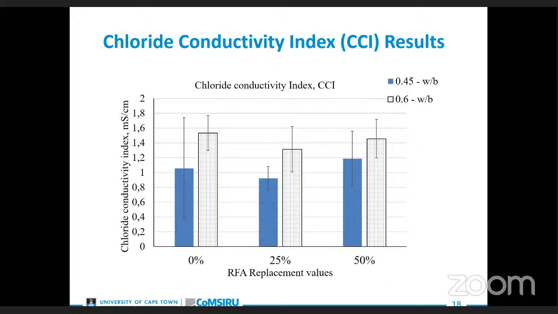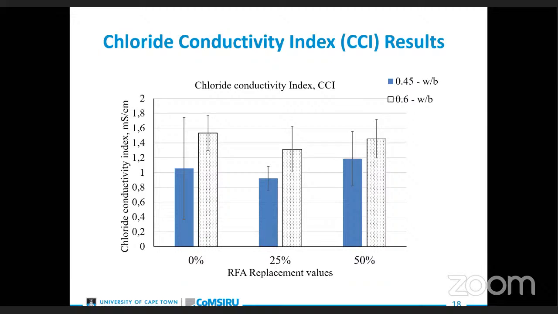The CCI values give an indication of good concrete, basically, with a low penetrability. Now, at 0.45 water binder ratio, the results indicated a lower CCI for 25% replacement compared to the 0%, and the highest CCI value for 50% replacement compared to the 0% replacement level as well.